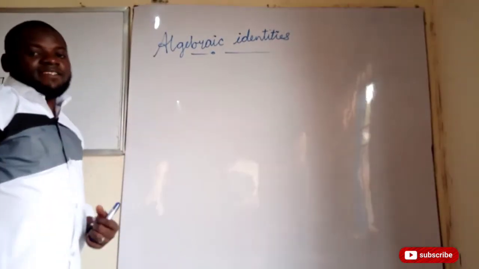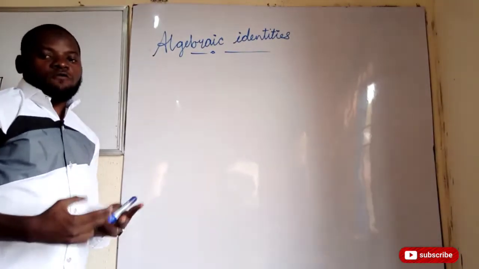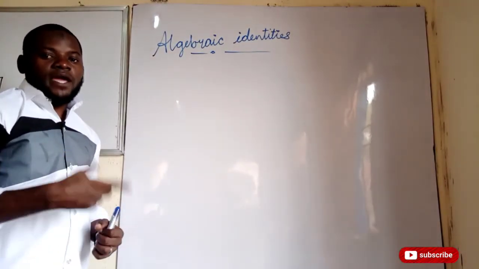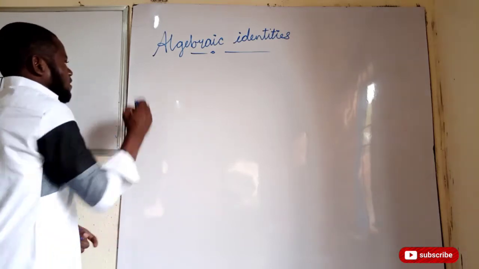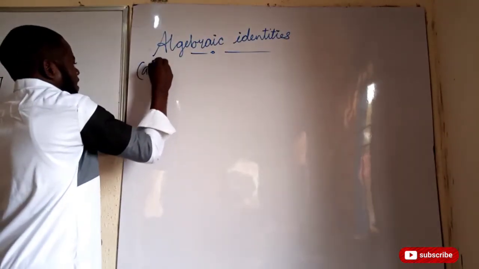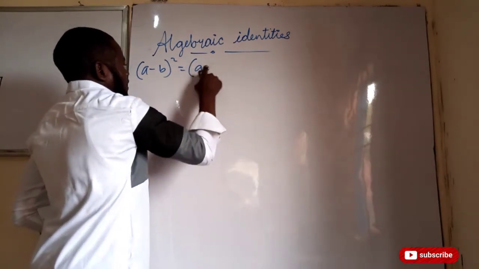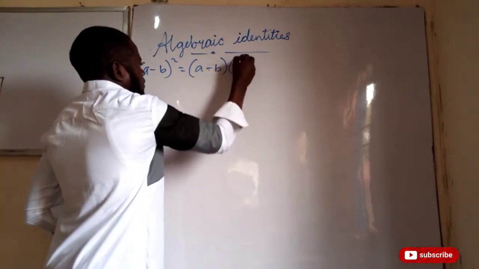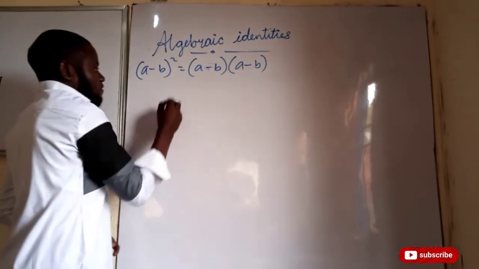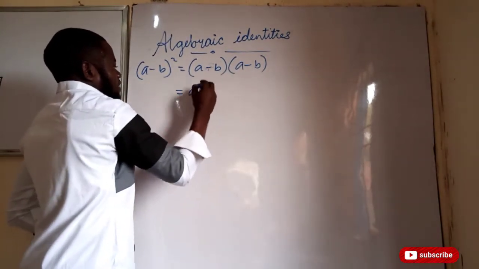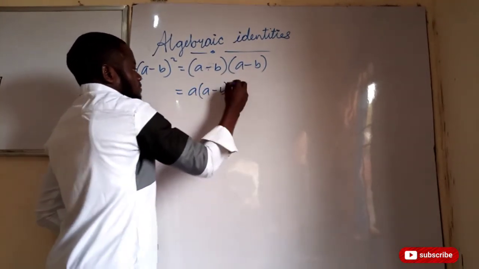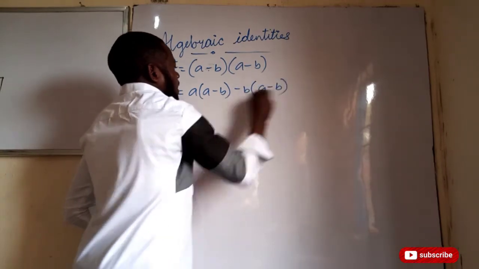So our third identity is going to be what? Square of two difference. So if I have an expression like (a − b)², this is going to be (a − b) and (a − b). So this should be a into (a − b) minus b into (a − b).